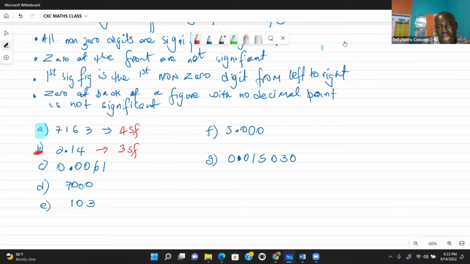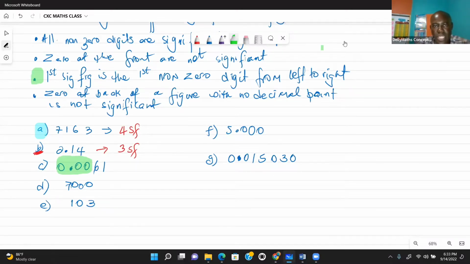Now let's observe this. I'm going to highlight the issue that we have in this one. All of these zeros here, you do notice that they are in front. And there is a rule that says the first significant figure is the first non-zero. In other words, the first digit that is not a 0 from left to right.